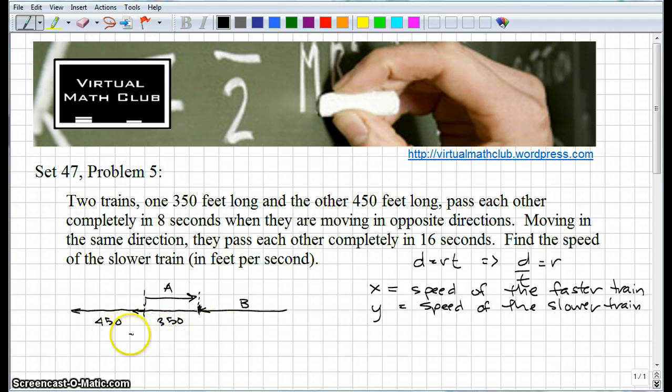So we have a total of 800 feet that train B would have to move to pass train A completely. And when they're moving in opposite directions, we know that happens in 8 seconds. So the speed of train B would be 800 feet in 8 seconds, so it would have to be moving at 100 feet per second.